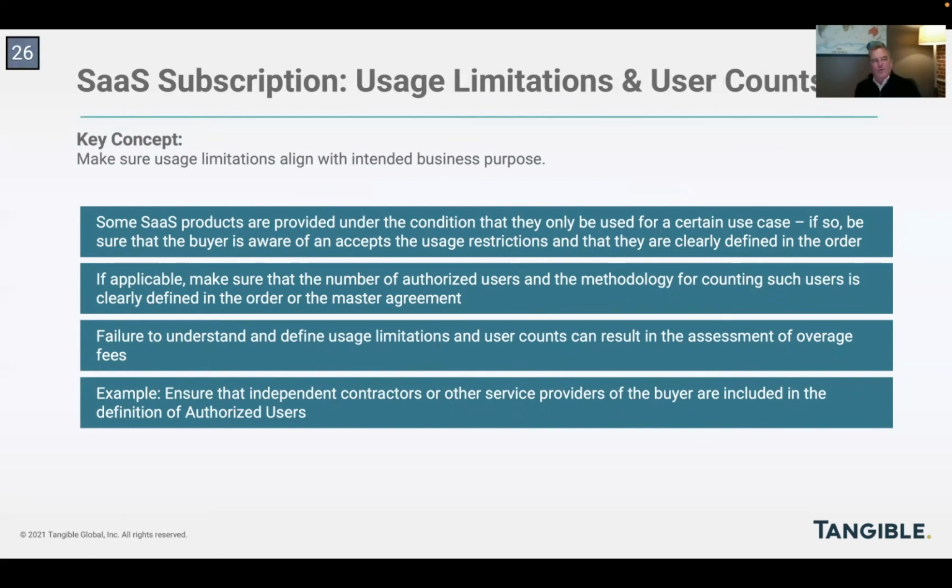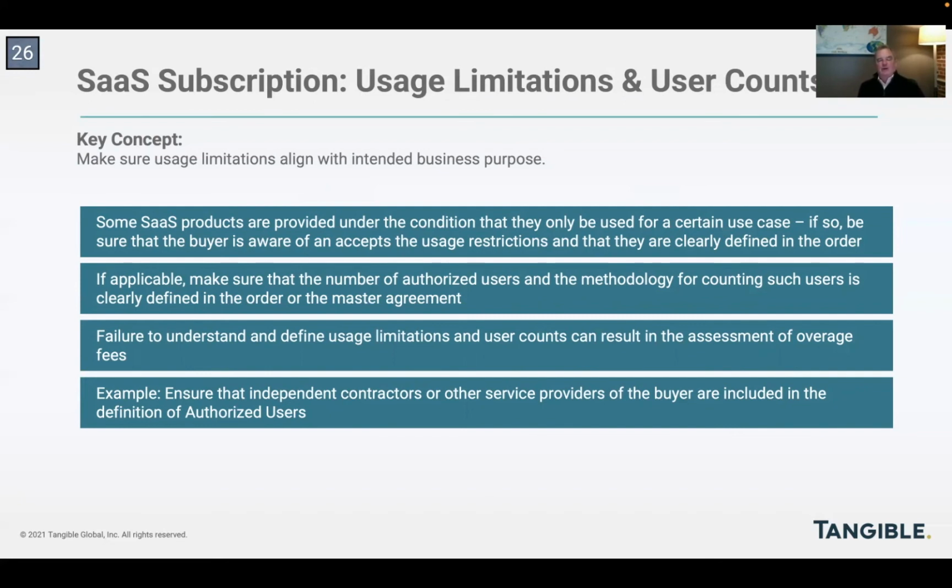As with software orders, it is super important that the SaaS order clearly define usage limitations, user counts, and what the guardrails are around the client's ability to access the platform. What happens with excess usage?